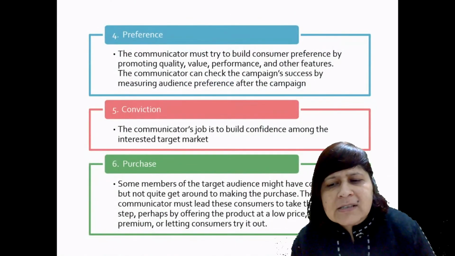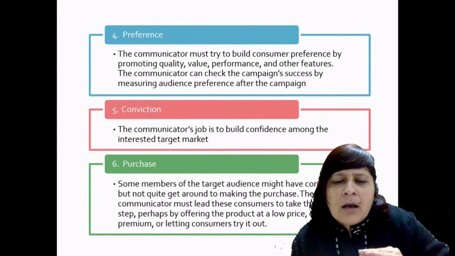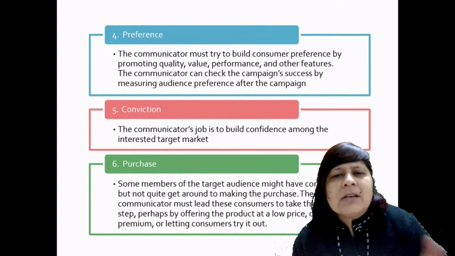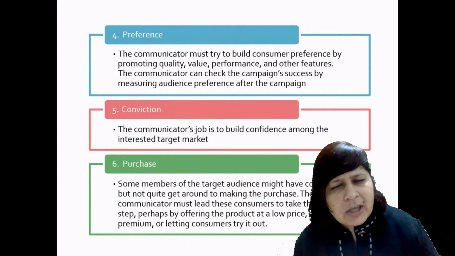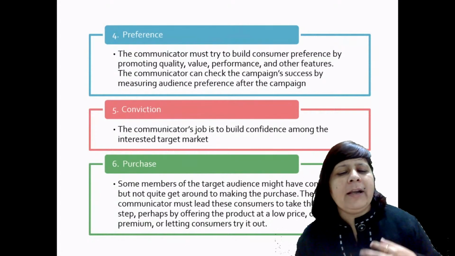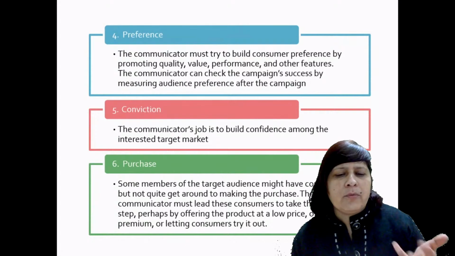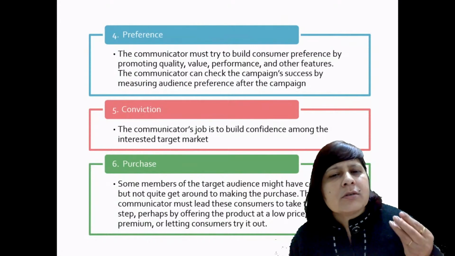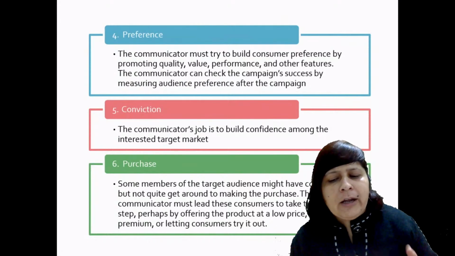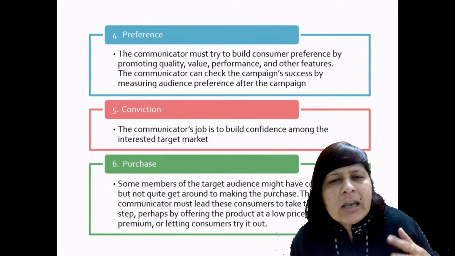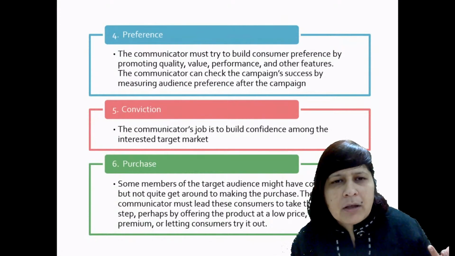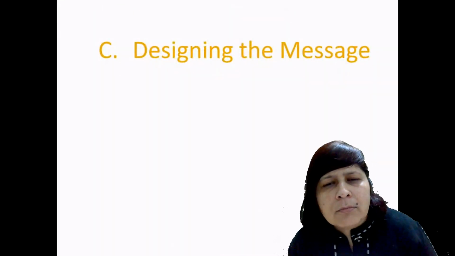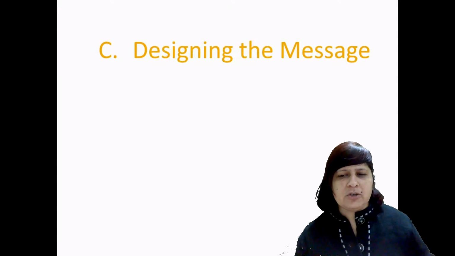Then preferences are built, that is, build consumer preferences, present the product according to the preferences of the consumer, if they are looking for quality or performance or value. So enhance the features of the product which the consumer is looking for. Then conviction is creating confidence among the interested target audience, and the purchase decision is helping them make the last decision, that is the purchase decision.